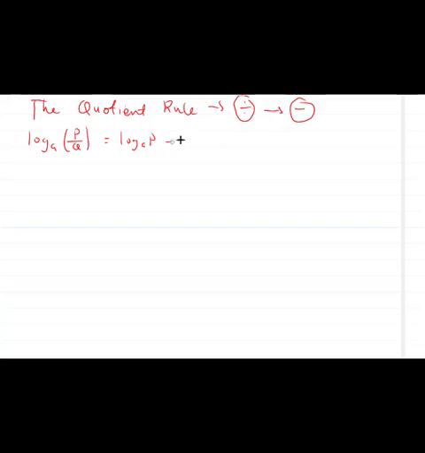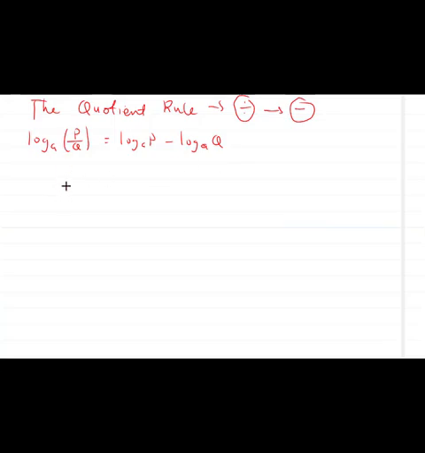The next rule we have is called the quotient rule. What does this do? With the quotient rule, it will turn division into subtraction. Given log base a of p divided by q, division, we can express it as log base a of p, now division is going to be turned into minus, subtraction, that is log base a of q.